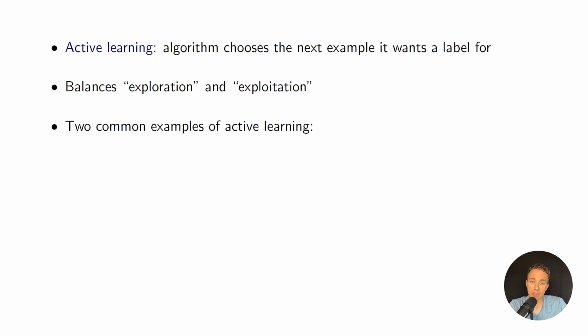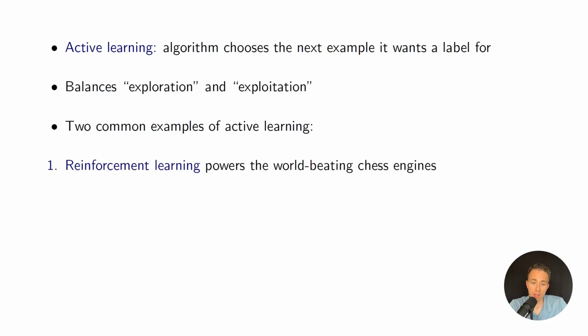There's two examples of active learning that might be useful for you. So one is called reinforcement learning. And this is basically the idea where these world-beating chess and Go engines were able to be trained to learn new ways of doing the strategy of the game.